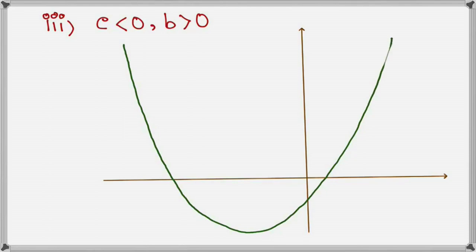So this is the point P, which is the vertex. This is the y-intercept. This is alpha and this is beta. So alpha and beta both are real and distinct.